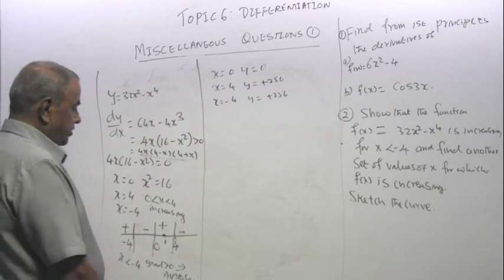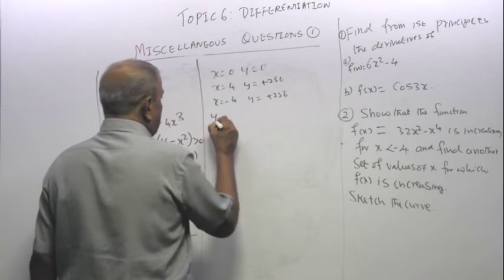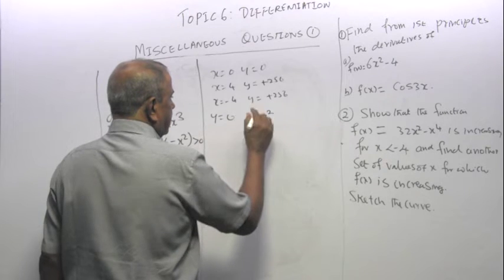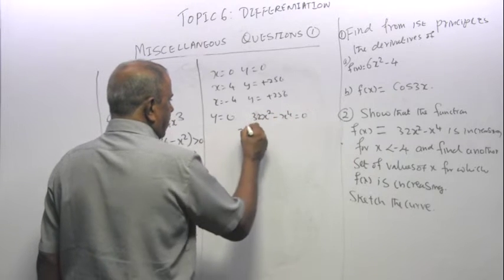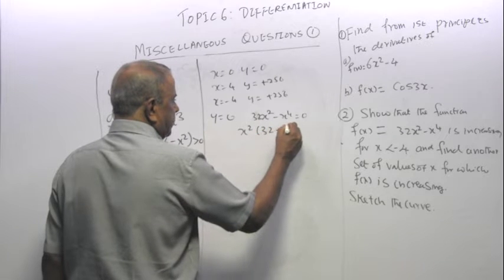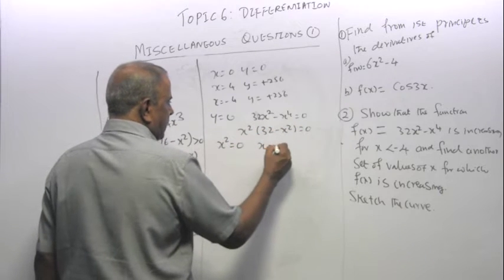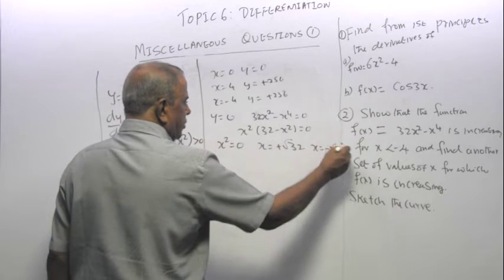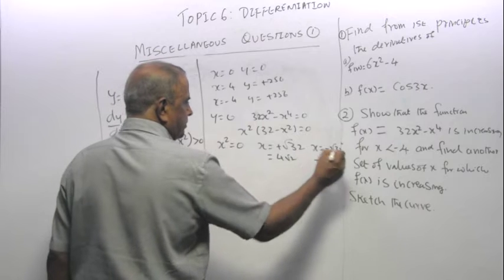Now we need to decide, and what are the roots, by the way? When y is 0, 32x squared minus x power 4 is 0. So x squared times 32 minus x squared is 0. I get x squared equal to 0, x equal to plus root 32, x equal to minus root 32, which is 4 root 2, minus 4 root 2.